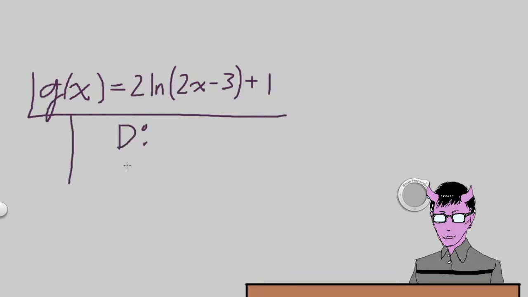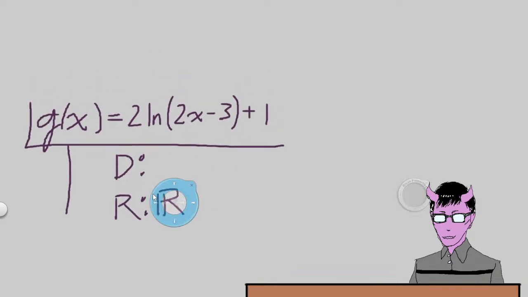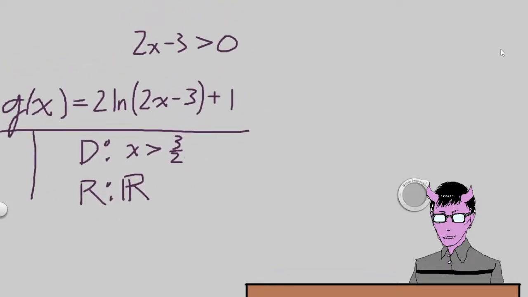We got the domain and then we got the range. Range is boring, all real numbers for log functions. Domain restrictions, just force it to be greater than 0 as a whole. Plus 3 divided by 2 is 3/2. X is greater than 3/2. Alright. And from that, we could get the vertical asymptote directly.